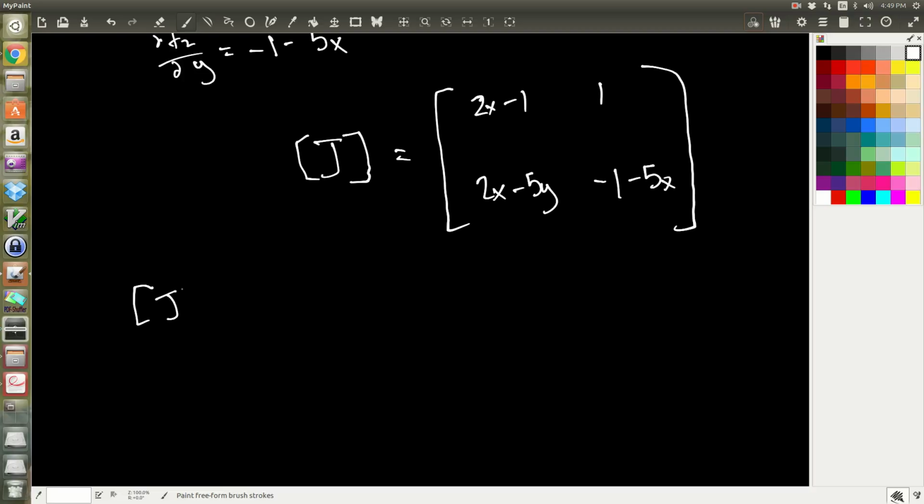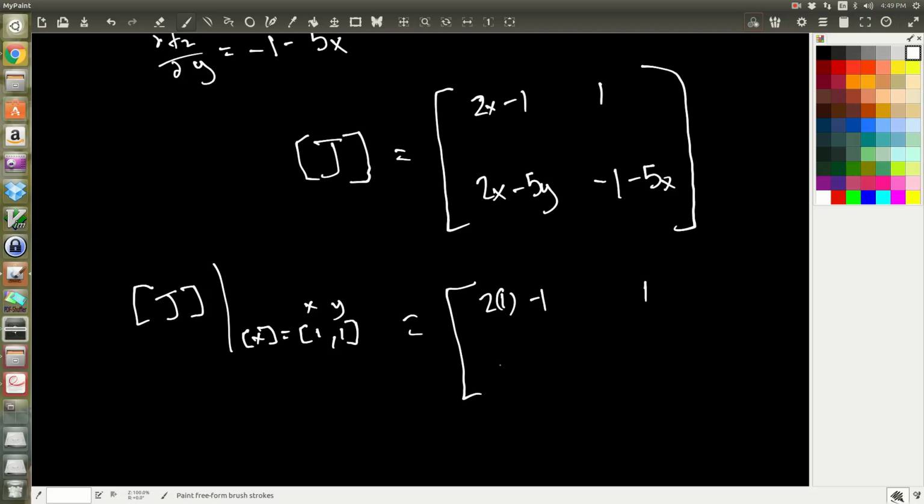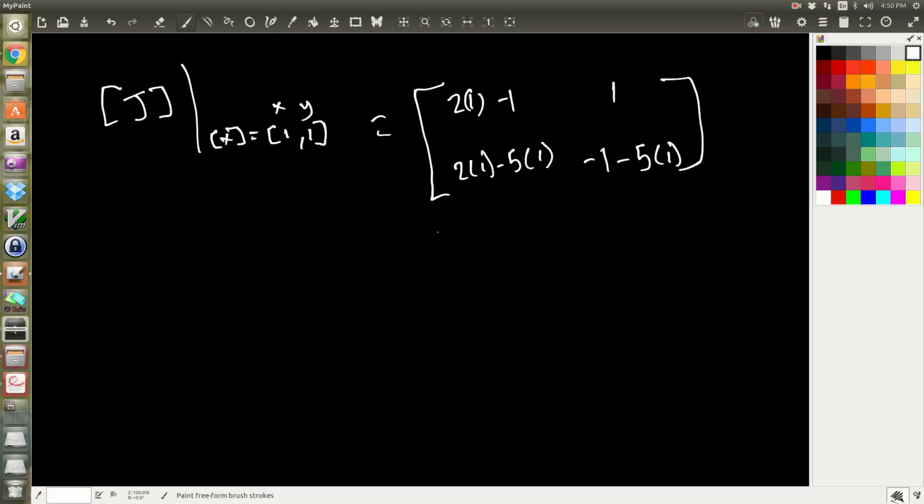So the Jacobian, for example, evaluated at x equals 1 comma 1, so this is my x value, my y value, is going to be equal to 2 times 1 minus 1, 1, 2 times 1 minus 5 times 1, minus 1 minus 5 times 1, which that matrix then becomes 1, 1, 2 minus 5 is minus 3, minus 6. Alright, there we go.